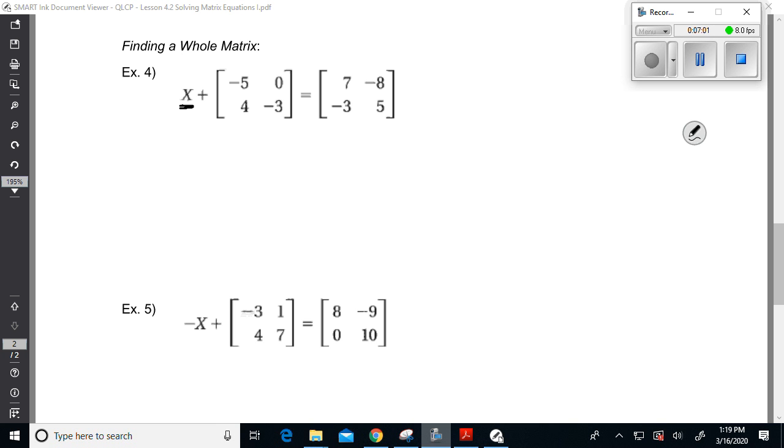So notice that the second matrix was 2 rows, 2 columns, 2 by 2. So you need to create a placeholder that's 2 by 2. Blank, blank, blank, blank. So 2 rows, 2 columns.